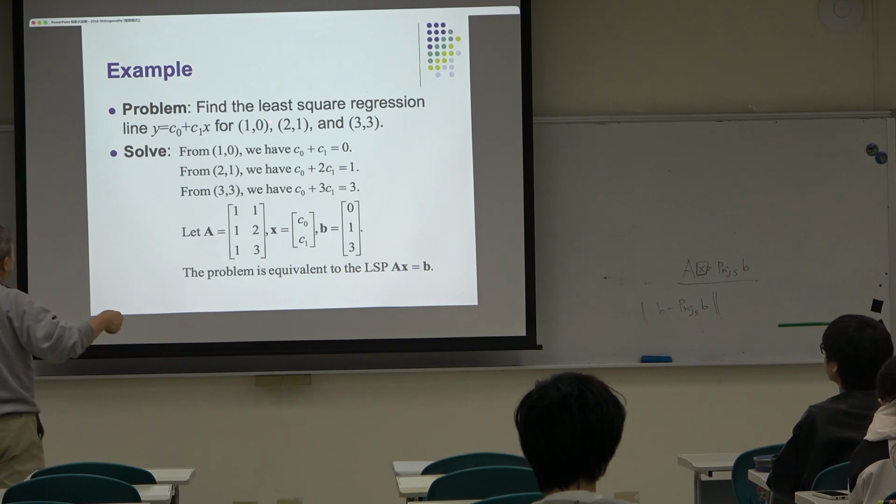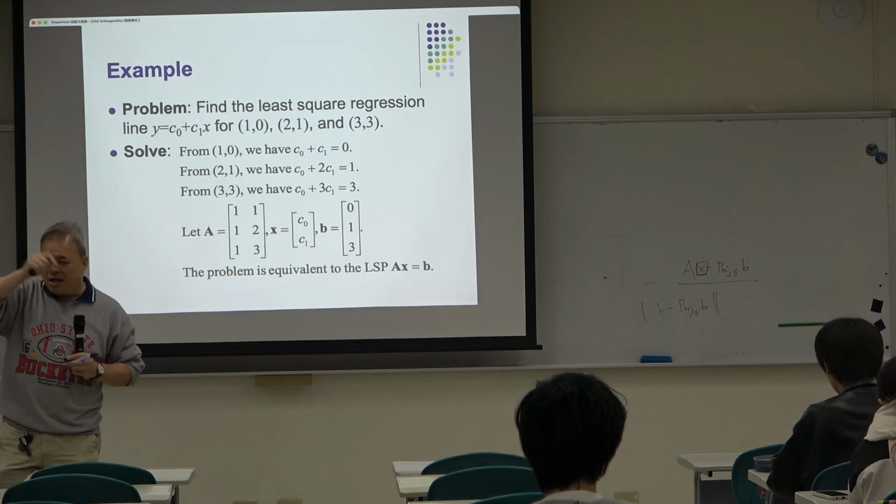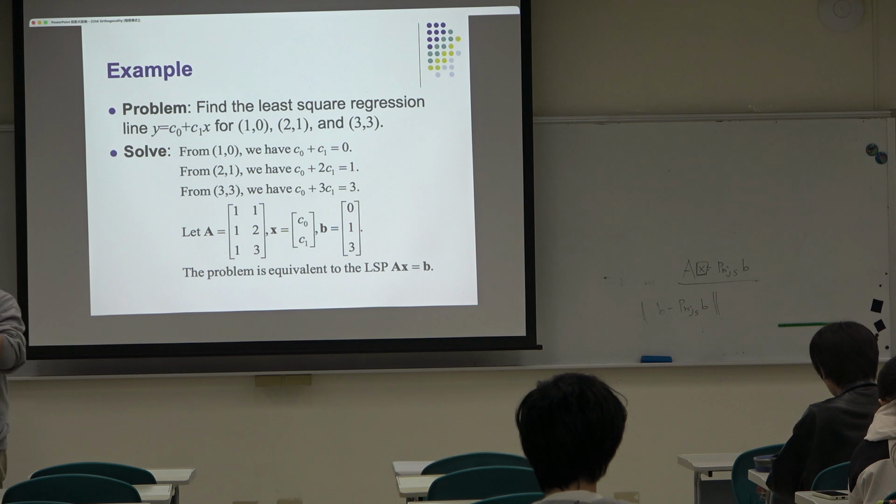Okay, so find the least square regression line for these 3 points. If you plot these 3 points onto a 2-dimensional plane, you will find that these 3 points are not collinear.